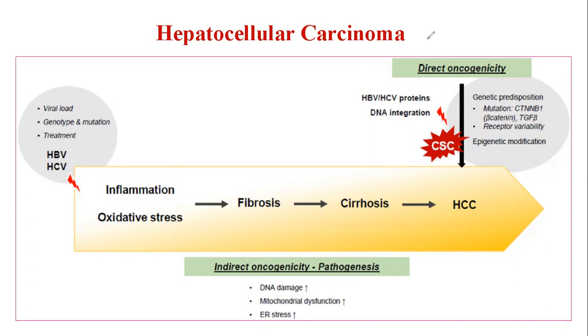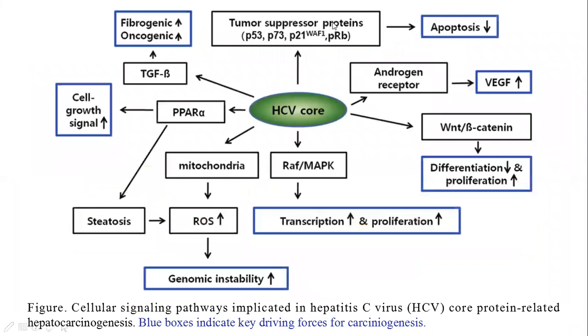protein development. So what is actually the HCV core protein? Here you can see that the core protein is doing all the work. The core protein is responsible for these blue boxes. The blue boxes indicate the key driving forces for carcinogenesis.